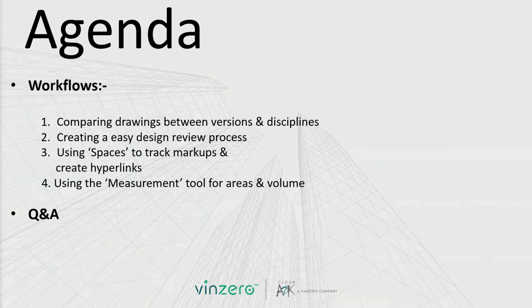The 4 workflows are comparing drawings between versions and disciplines, creating a simple design review process using the status column, using spaces to track markups and easily create hyperlinks, and using the measurement tool for areas and volume. And as I said at the beginning, there will be a Q&A session at the end to ask any questions you have around what we'll be going through.